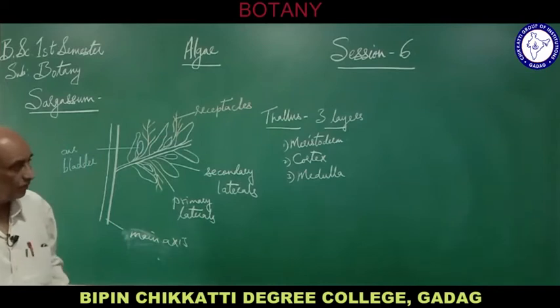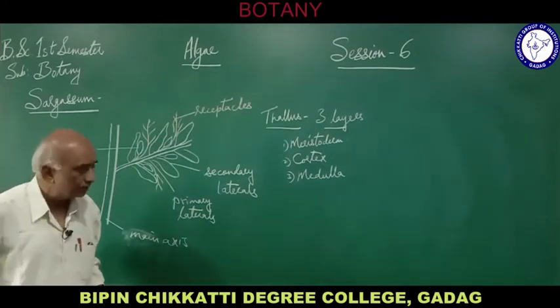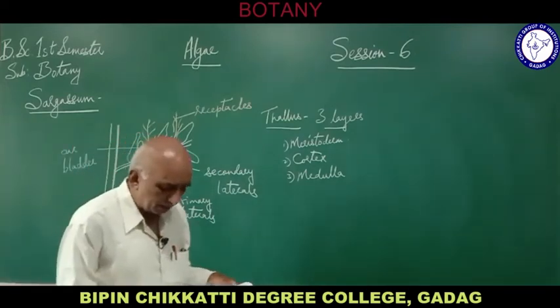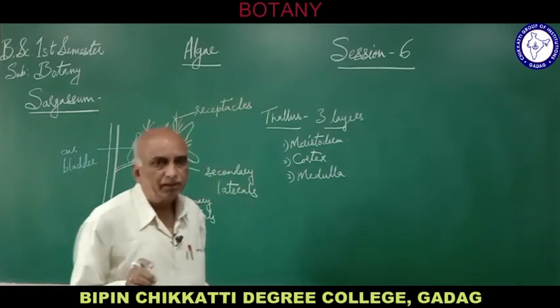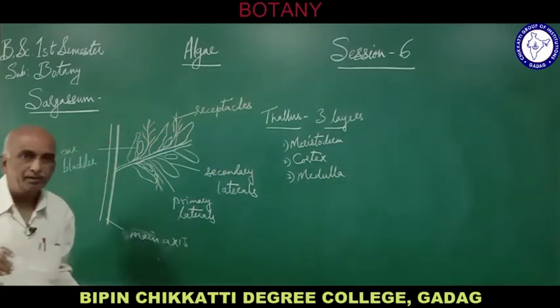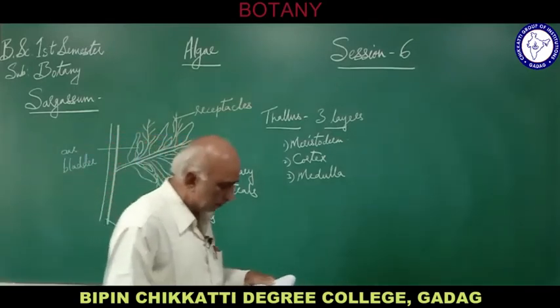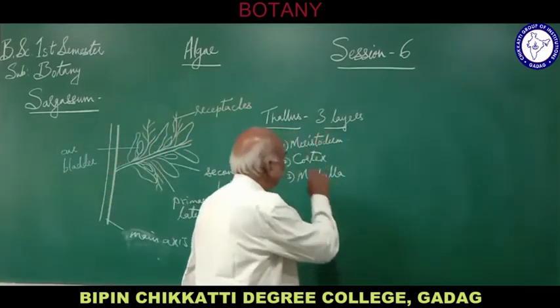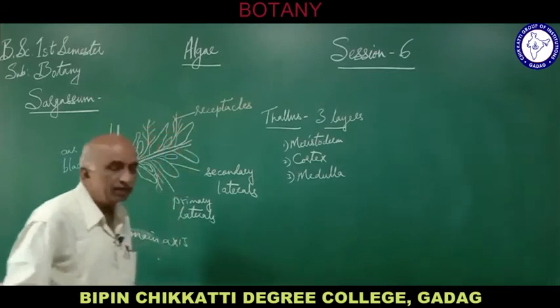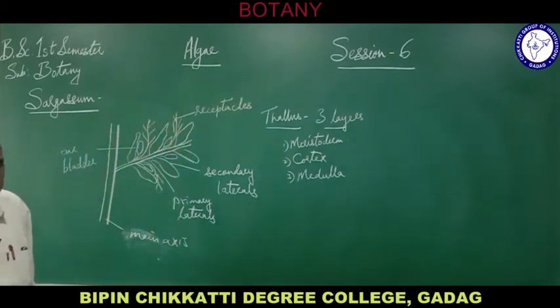As the brown pigment is large in quantity, it is brown in color, brown algae. And in addition to that, there are some granules called the fucosan granules, and the meristoderm is covered by a mucilaginous layer called the cuticle.